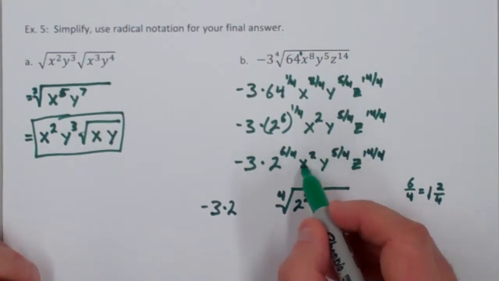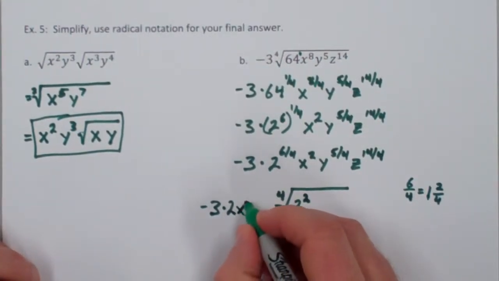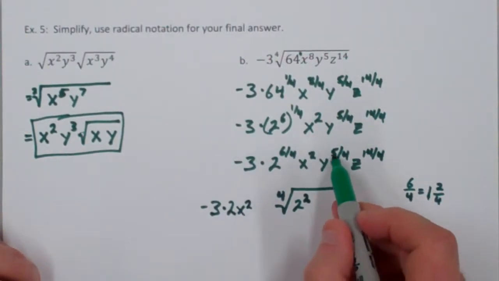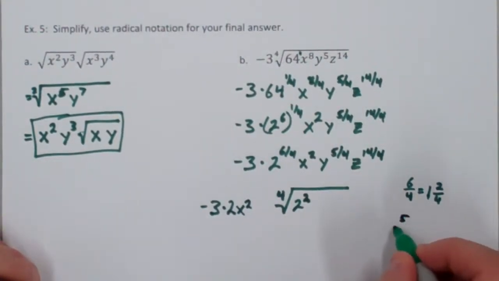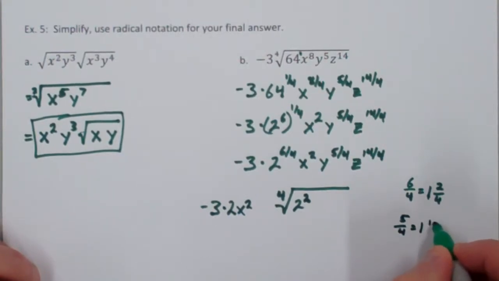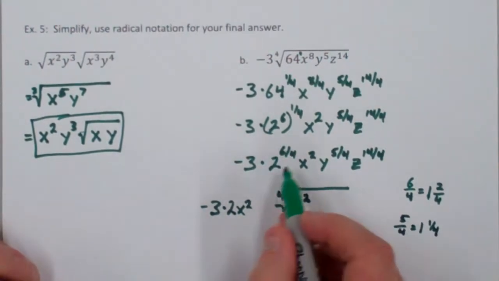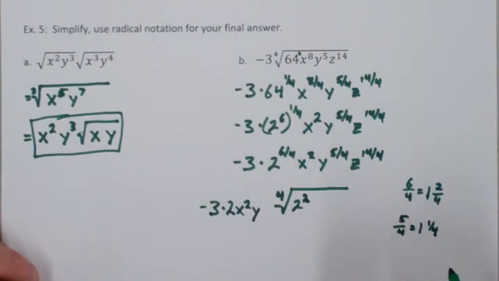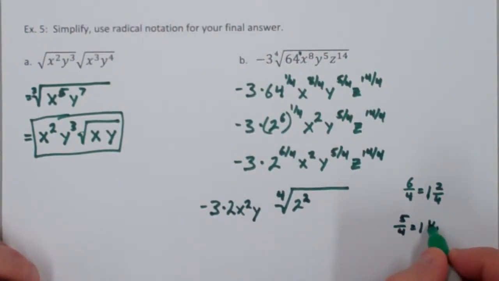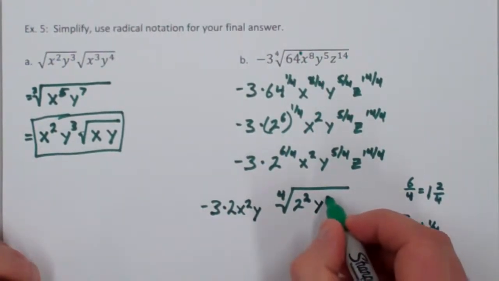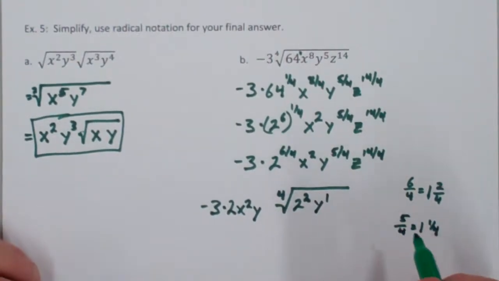The x squared is good. There's no fraction, so it's going to come out. And then we've got a y to the 5 over 4. Well, 5 over 4 is 1 and 1/4. So 1 y can come out, and y to the first needs to stay inside. I'll put the 1 there for right now. We'll clean it up here shortly.